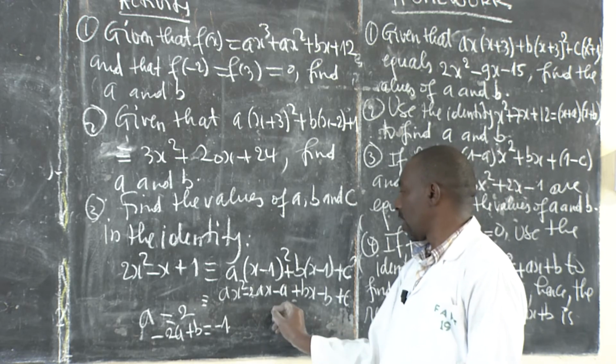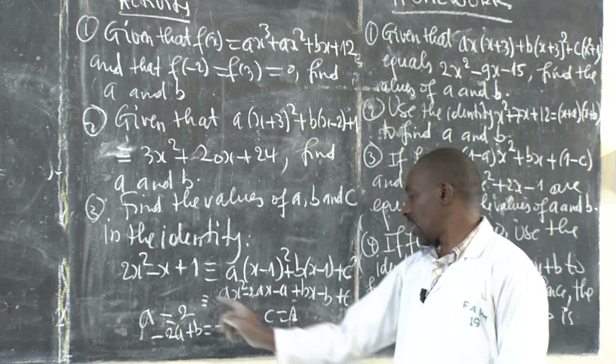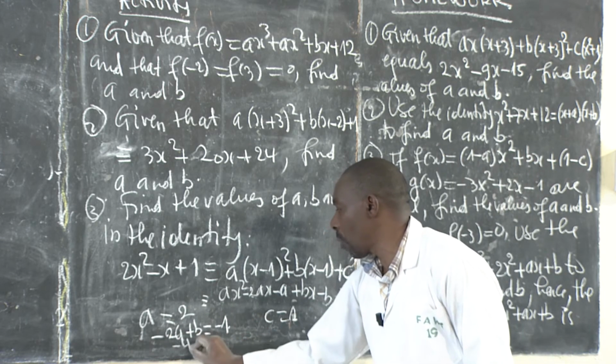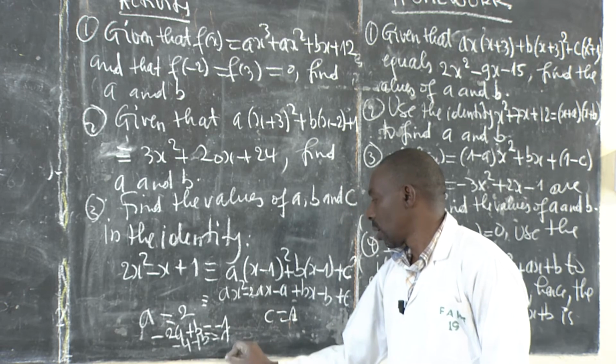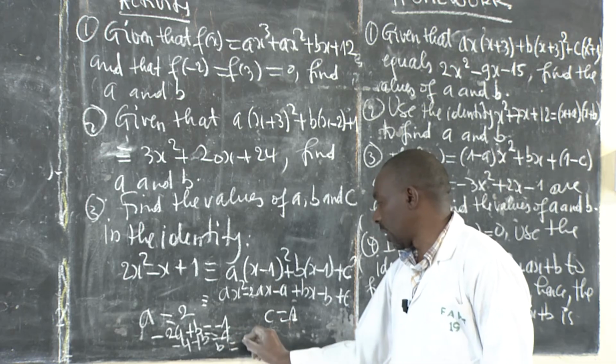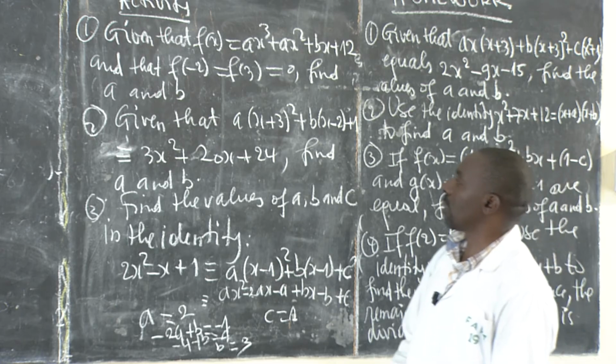And of course, c equals 1. When you have the value of a, you have minus 4 plus b equals minus 1. So b is equal to minus 1 plus 4, it is 3. And you are done.